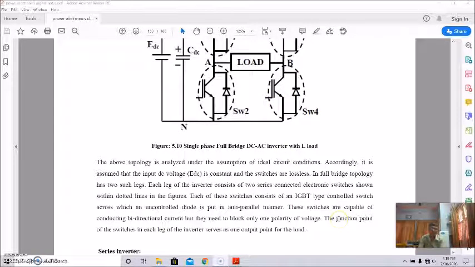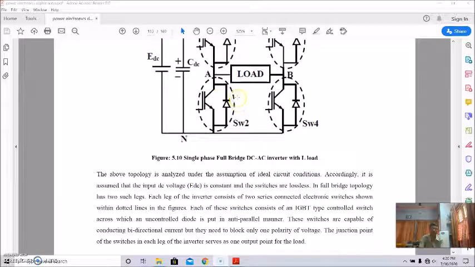These switches are capable of conducting bidirectional current, but they need to block only one polarity of the voltage. The junction point of the switches in each leg of the inverter serves as the output point of the load. See, this is the junction point of the switches, and these are the output points of the load.